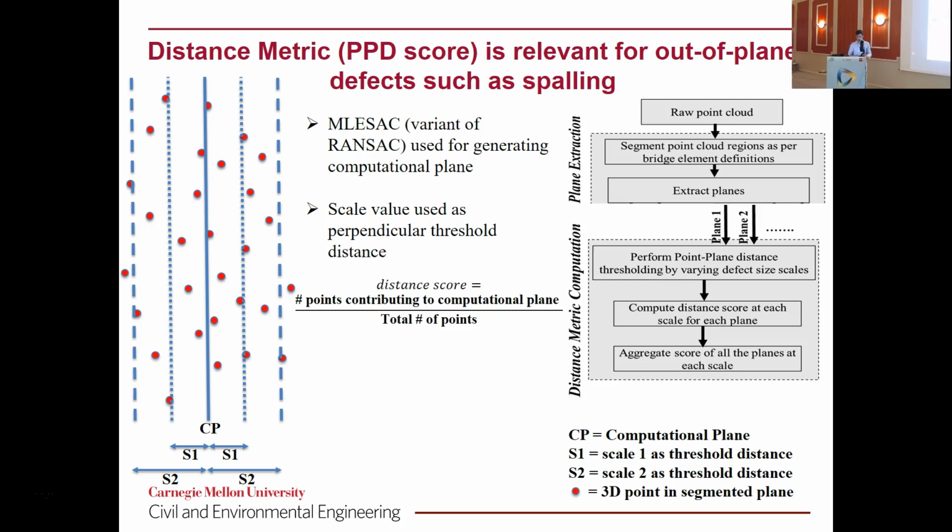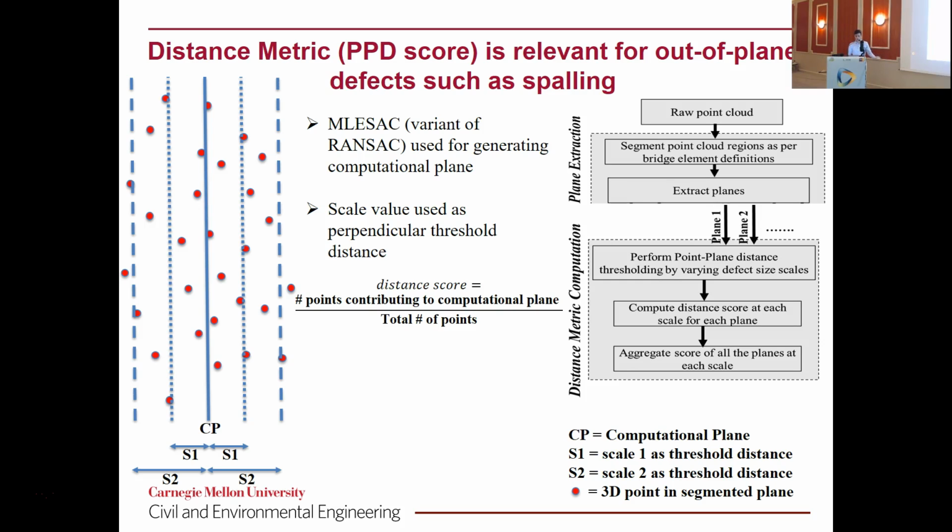Now let me talk very specifically about the metrics themselves. So the distance, the PPD score metric, as I mentioned, is incredibly useful for understanding out-of-plane defects, and this primarily includes spalling.